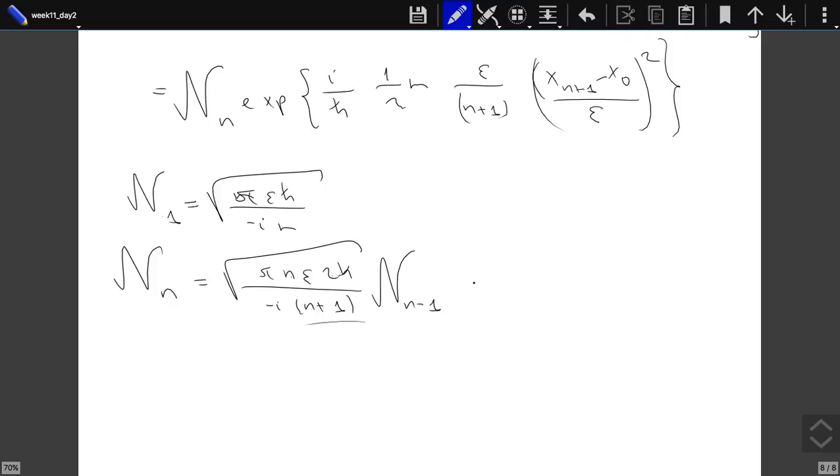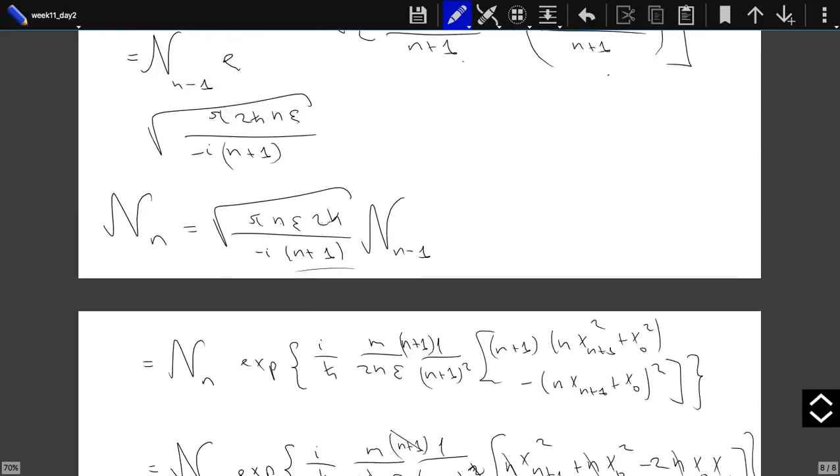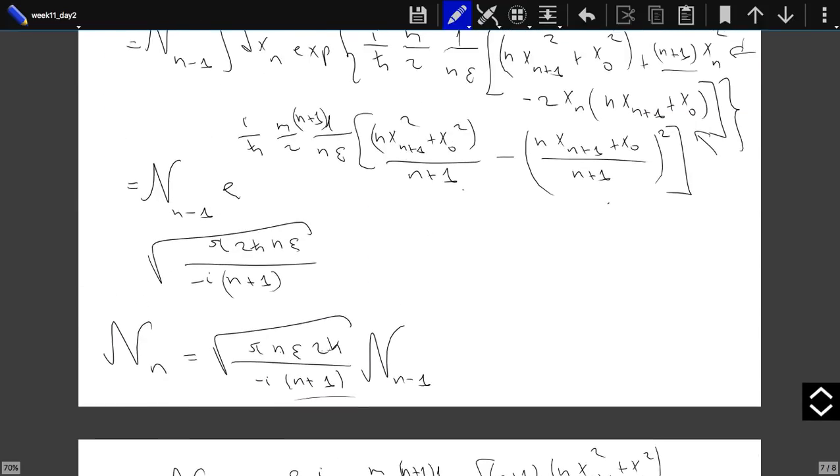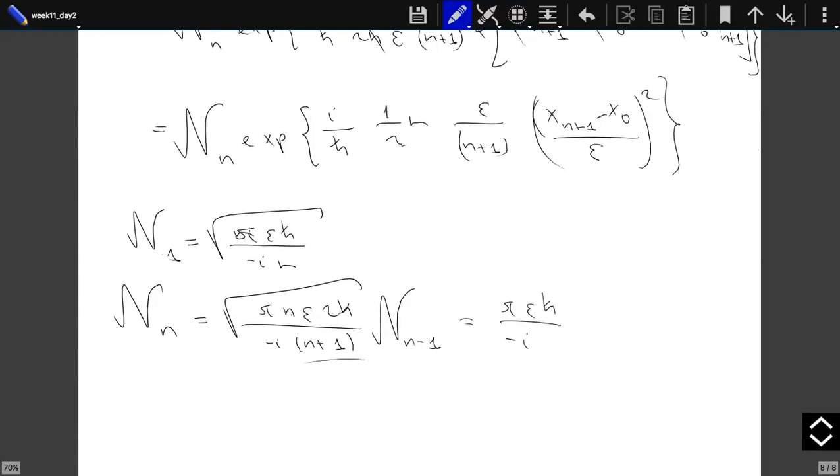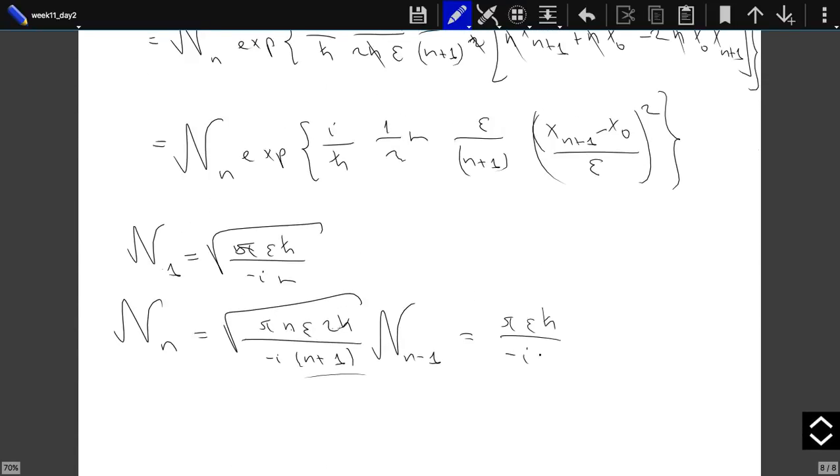So we can also write it as pi epsilon h bar over minus i. I forgot a factor m, I suppose, here. Yes, here I have a factor m, so it is in this exponent here: minus i m.